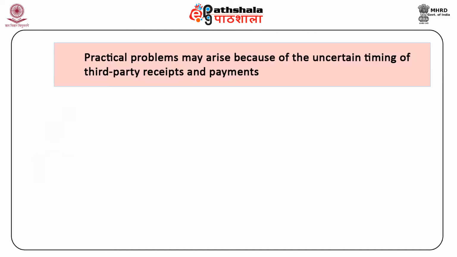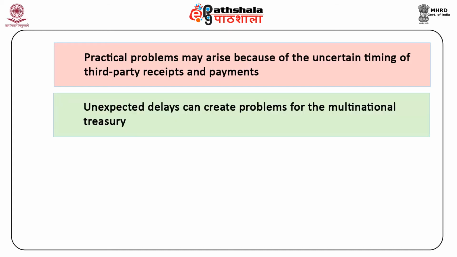Practical problems may arise because of the uncertain timing of third-party receipts and payments. Unexpected delays can create problems for the multinational treasury in its endeavors to match receipts and payments.